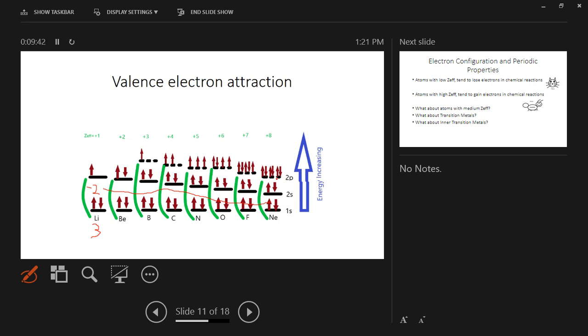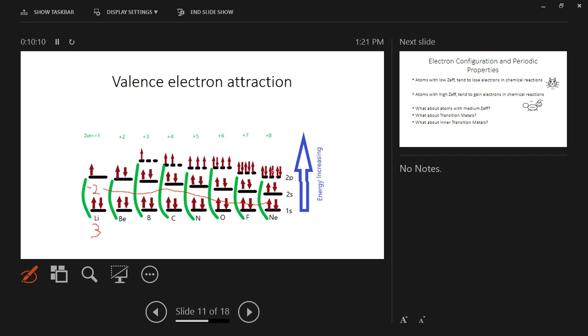This helps to explain all of the periodic trends that we see, the periodic trends that you've probably learned about with atomic radius and how atomic radius decreases as you move to the right on the periodic table, how ionization energy increases as you move to the right, because as these energy levels are drawn down closer to the nucleus, they have a lower potential energy.